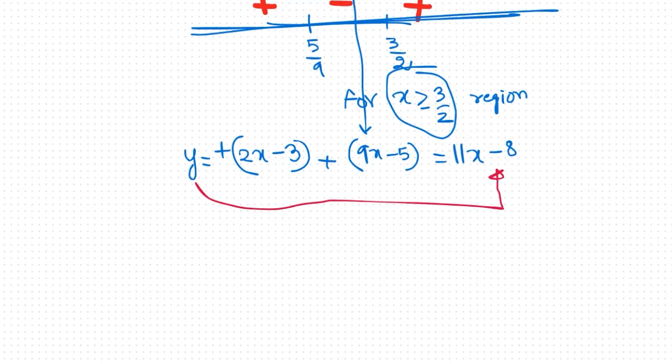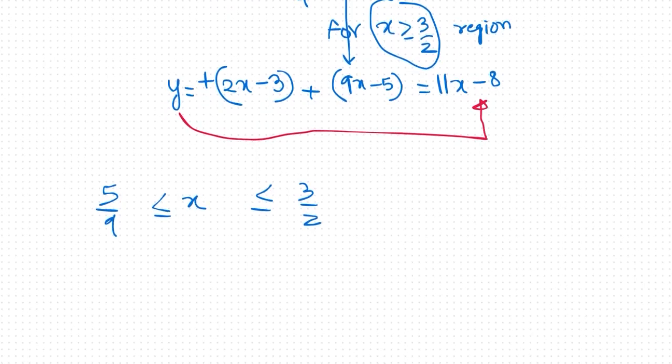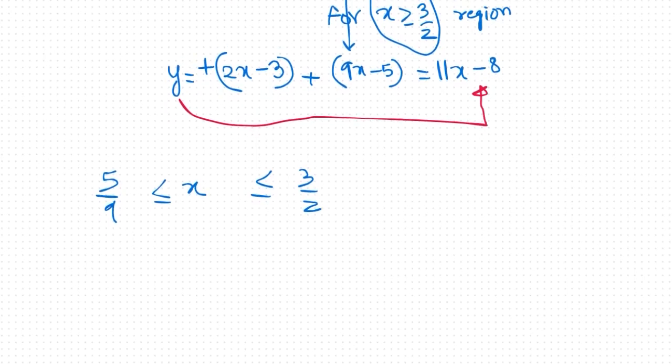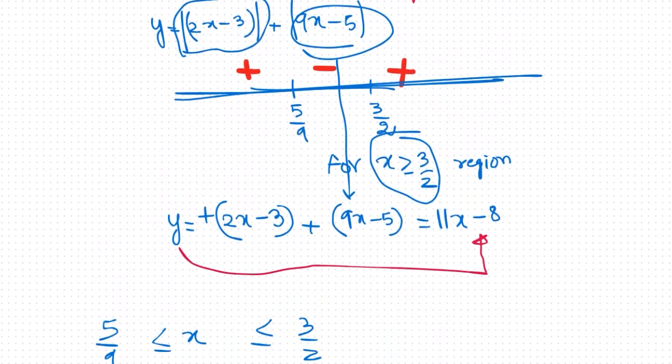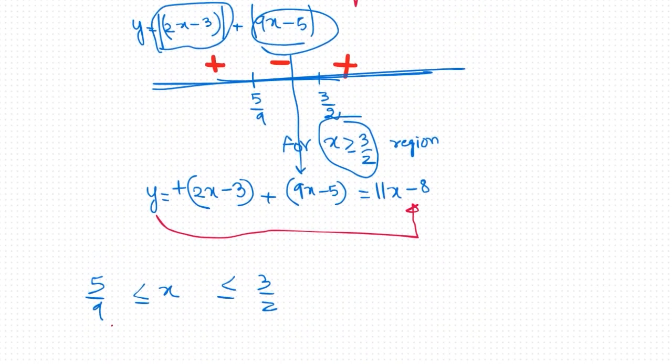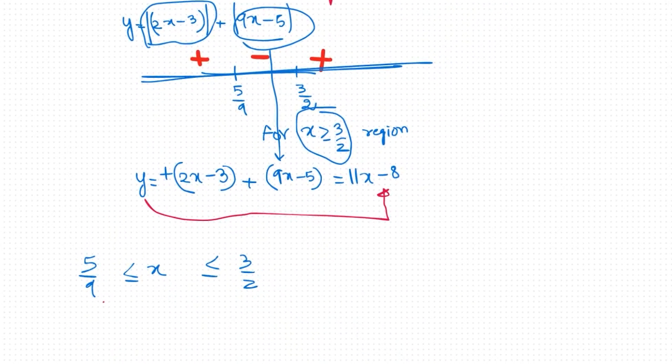So for x in between 5 by 9 and 3 by 2, what happens is you have to check the sign. 9x minus 5 is positive number, but 2x minus 3 is negative number.